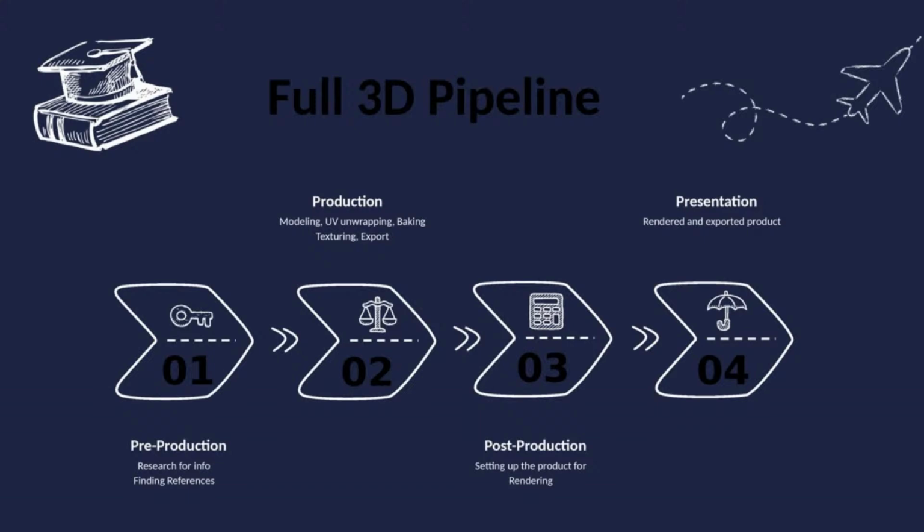UV unwrapping is basically to have a map where you can place your textures. Baking and texturing is adding the skin or the colors of the skin of the 3D model. And then export or render, that's mostly the final part of a production.